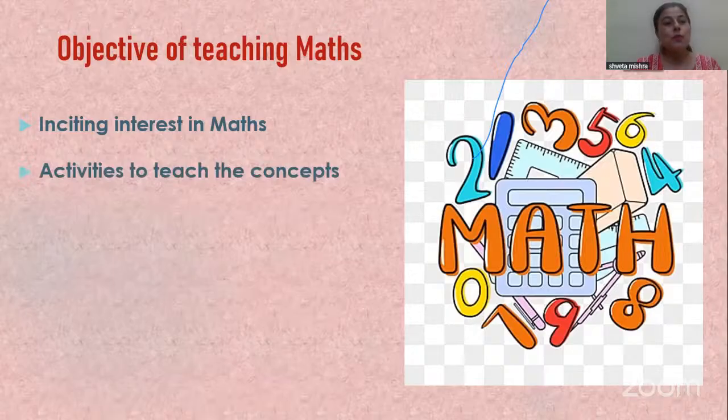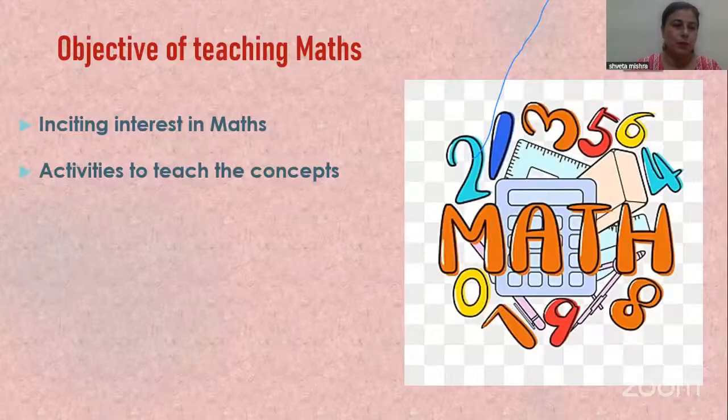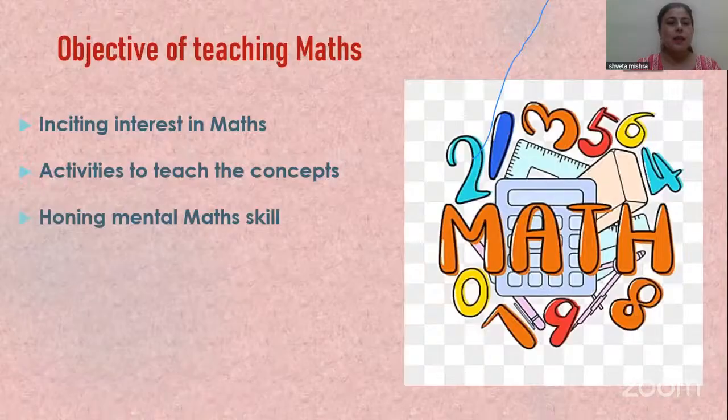Then we need to introduce activities to teach the concepts. The simple concepts of addition, subtraction, multiplication and division can all be taught through different activities. Then honing mental math skills, simple mathematics which is used in everyday life.